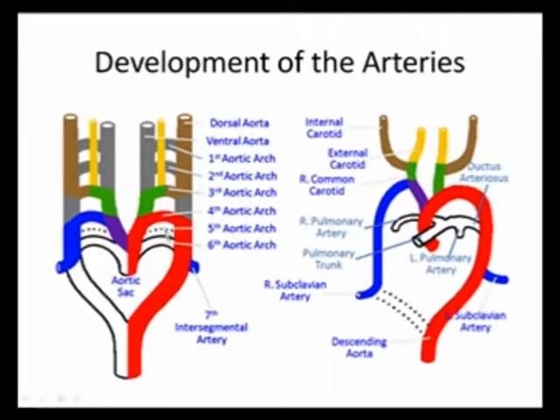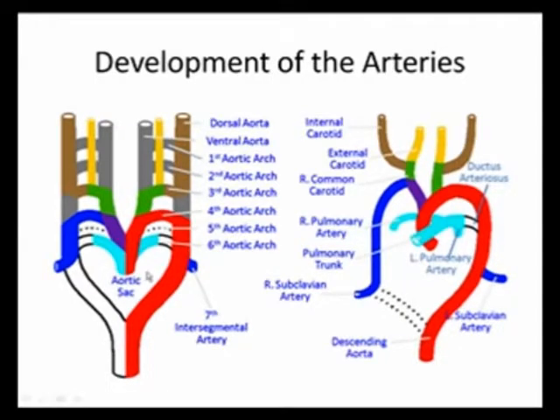As I said, the fifth aortic arch never really appears, so it degenerates. The sixth arch will contribute to the pulmonary arteries, right and left, at least the proximal portion. The distal portion will have different fates.